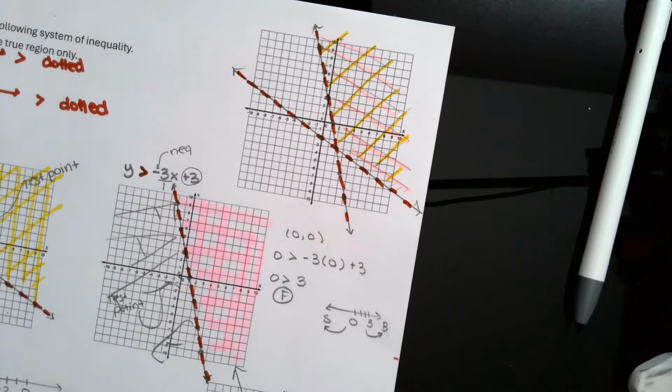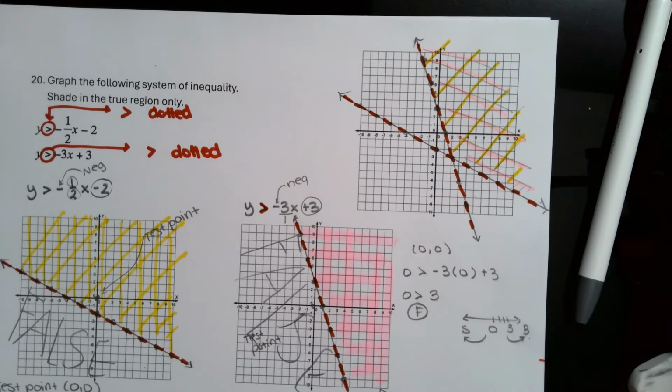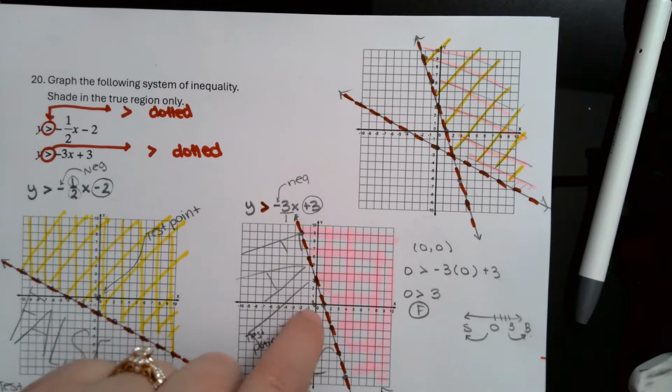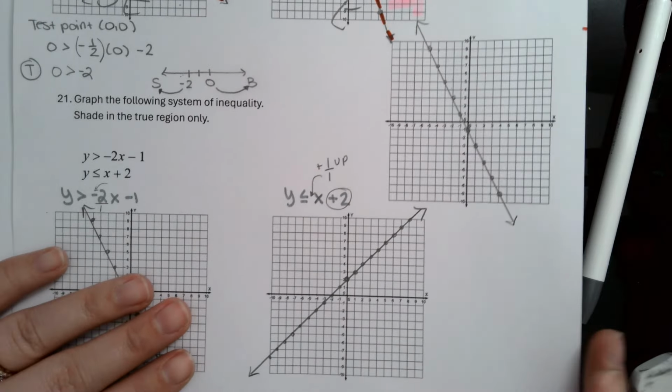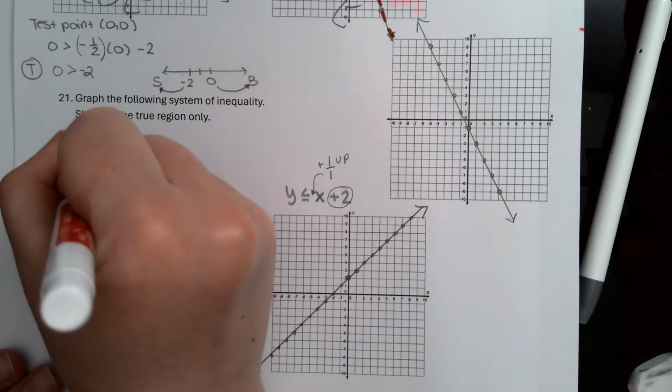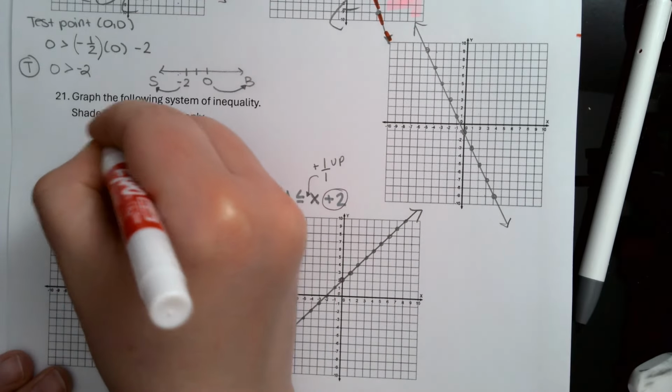And I'm happy I caught my mistake. So let's pause here. Okay, dotted, dotted, dotted. If we go back here to question number 21, this one right here has a greater than symbol without the line underneath, so this one is going to be dotted.